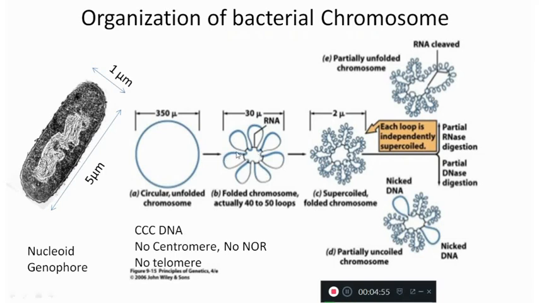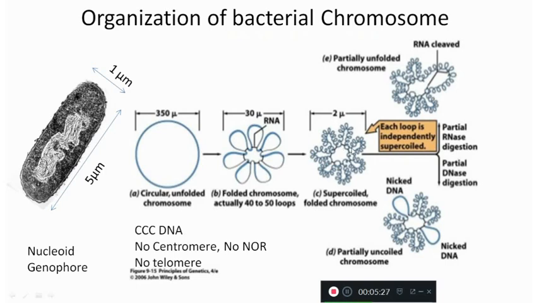At the first level of compaction, it reduces from 350 micrometer to 30 micrometer, which is still bigger compared to the bacterial size. So it has to undergo further compaction. How does it occur? Each of the loops is further supercoiled. They are highly coiled within themselves, and by coiling within themselves, the size reduces to about 2 micrometer.